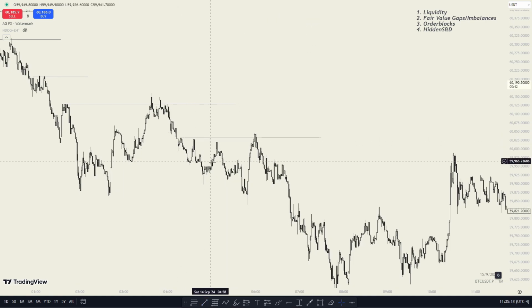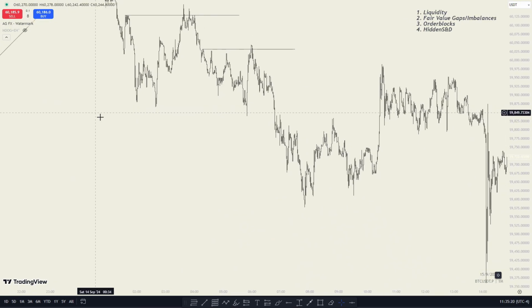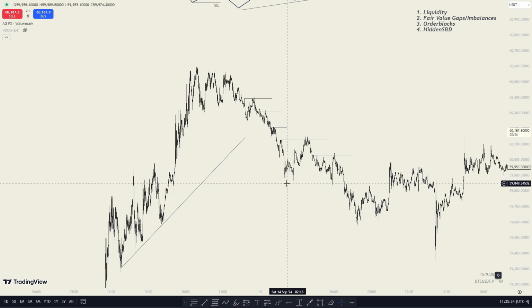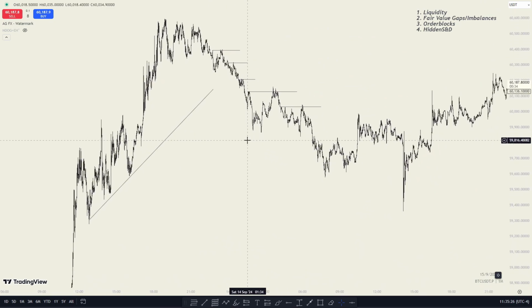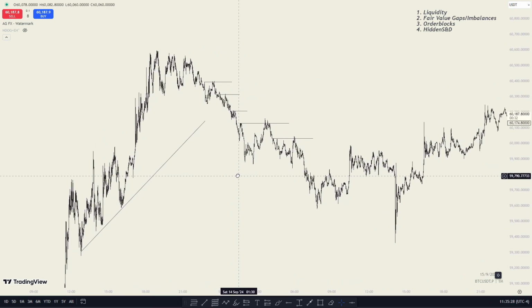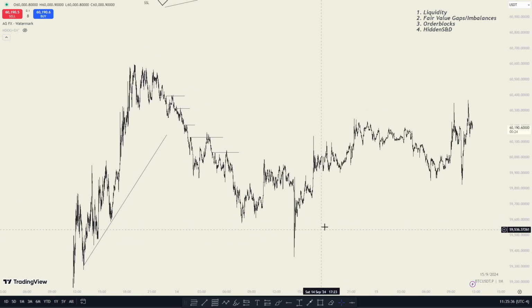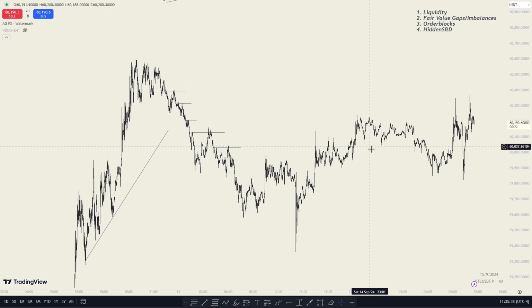They're relatively equal, and you may think that there are many lows here, but that's why you need higher time frame context to understand where the price is heading to, where it wants to offset their position and reverse.